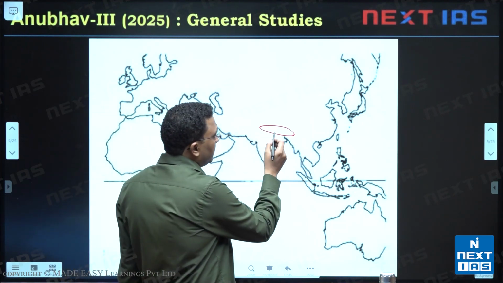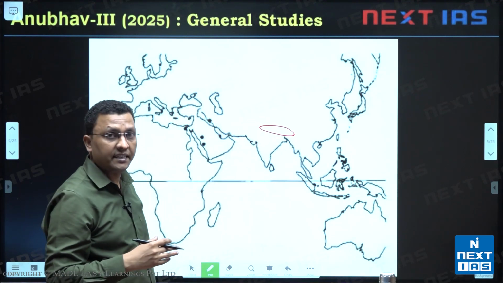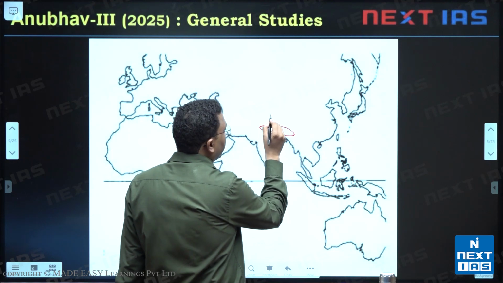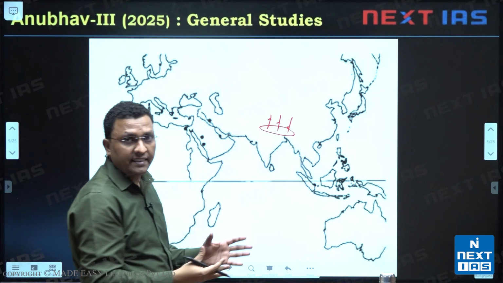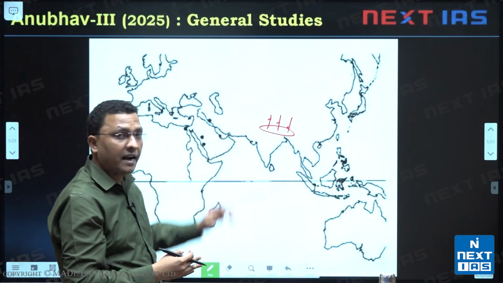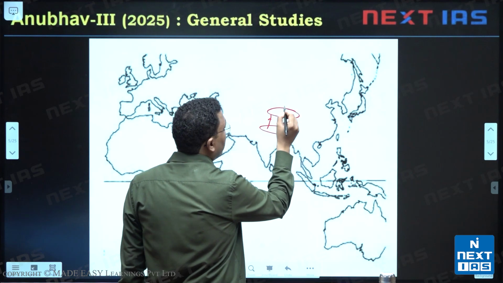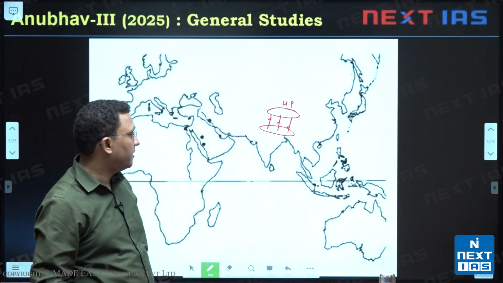During the summer months, this plateau gets sufficiently heated, and because of that, air from this plateau rises up in the atmosphere. So air gets heated and then rises above the plateau. Because of rising air, a high pressure zone gets created over the Tibetan Plateau in the summer months.